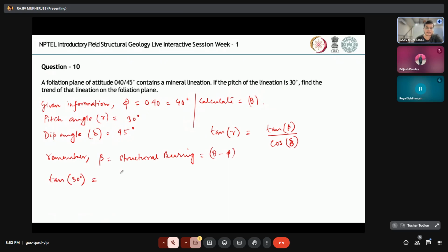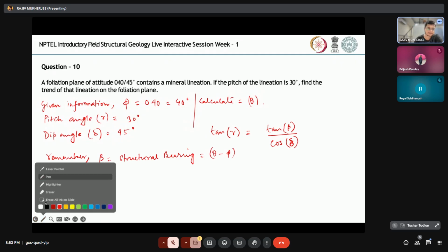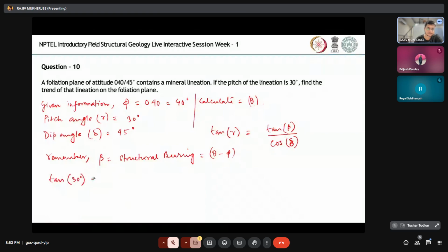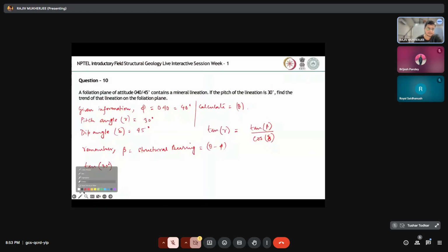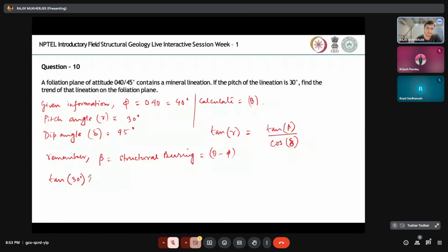We have to calculate the theta value, but we can calculate tan beta as tan 30 times cos 45 degree, right? So tan beta will be tan 30 is how much?